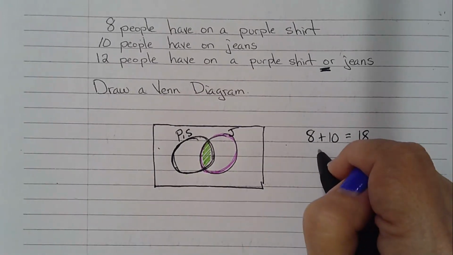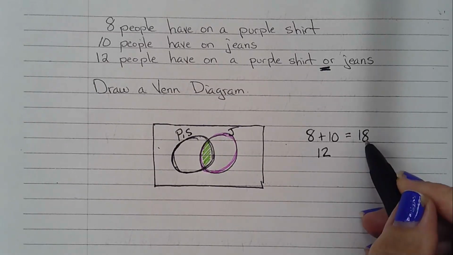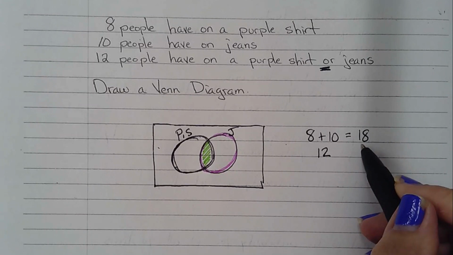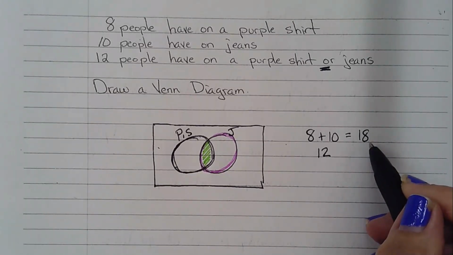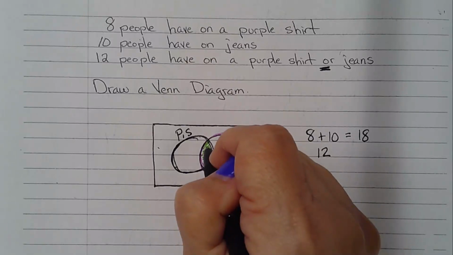But only 12 people have on a purple shirt or jeans. Now remember that's purple shirt without jeans, jeans without a purple shirt, or both jeans and a purple shirt. So the difference between these two is a difference of 6. So that means those 6 people must have been counted twice. So a 6 goes right here.